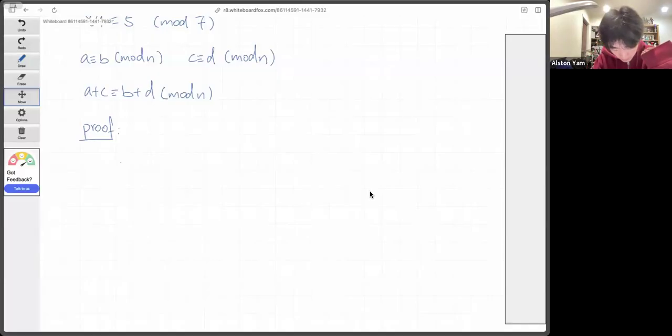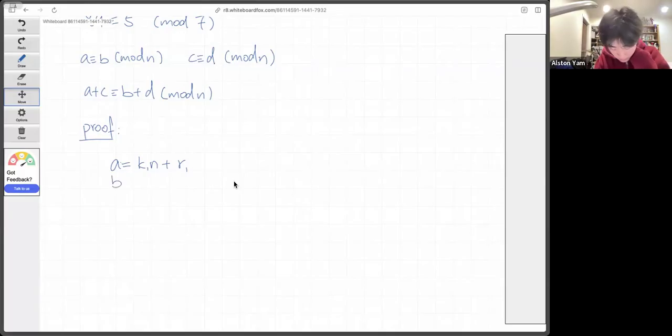We can have A is equal to, notice the equal sign here instead of the congruent, instead of the 3 dashes, I will use our normal equal sign. So A is equal to, let's call it K1n plus R1. The K1 and the R1 are integers, right? We can write A as some multiple of n plus its remainder.